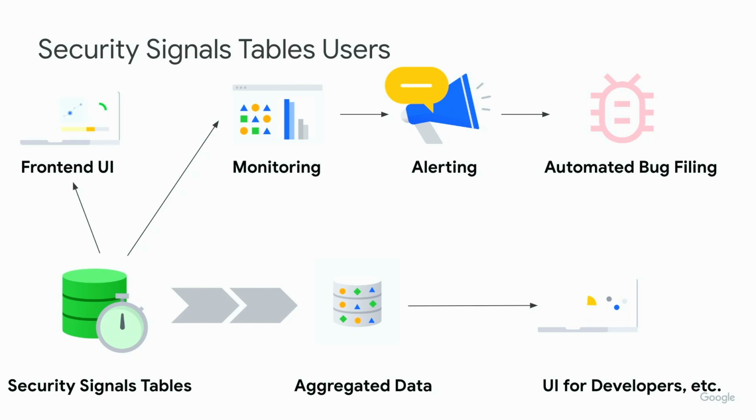Based on that monitoring, we have alerting and automated bug filing, but that's not enough. These bugs are also maintained by us. So if we see that a certain problem is fixed, or we cannot detect it anymore, or we can confirm that it's not present anymore, we can close that bug. So we can maintain a reasonable number of open bugs.